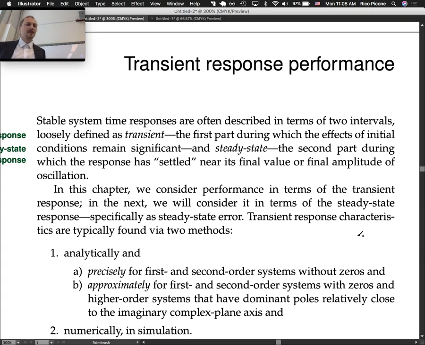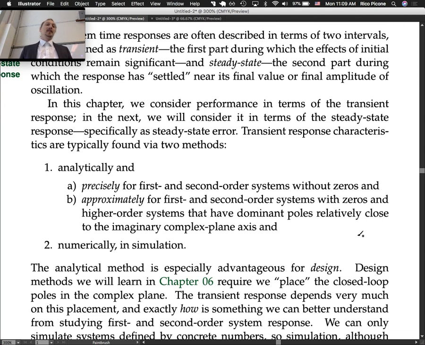So transient response characteristics are found via 2 methods. Analytically and precisely. So when you do it analytically, you can either have it be precise for first and second order systems without zeros. So we'll develop those analytically completely all the way through for systems that are first and second order without zeros, which only make up a portion of systems that we'll encounter, but there's a lot that don't fit into that category, right?